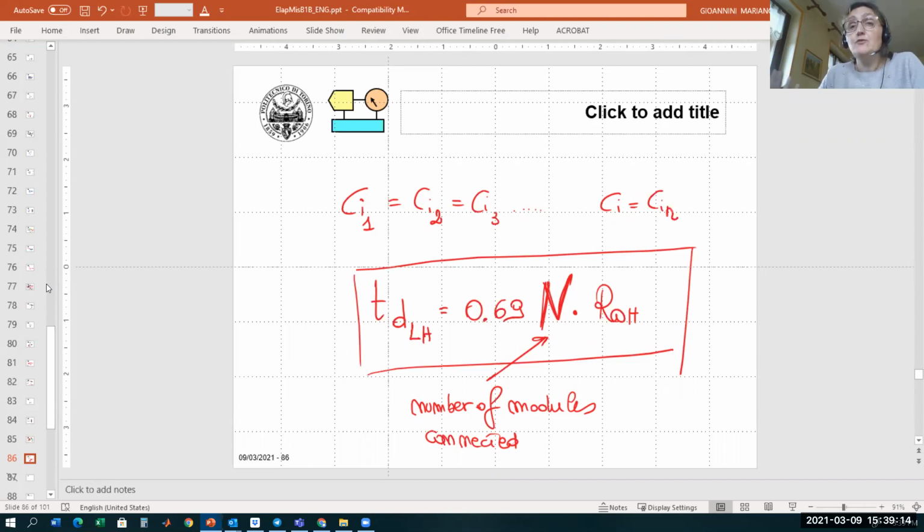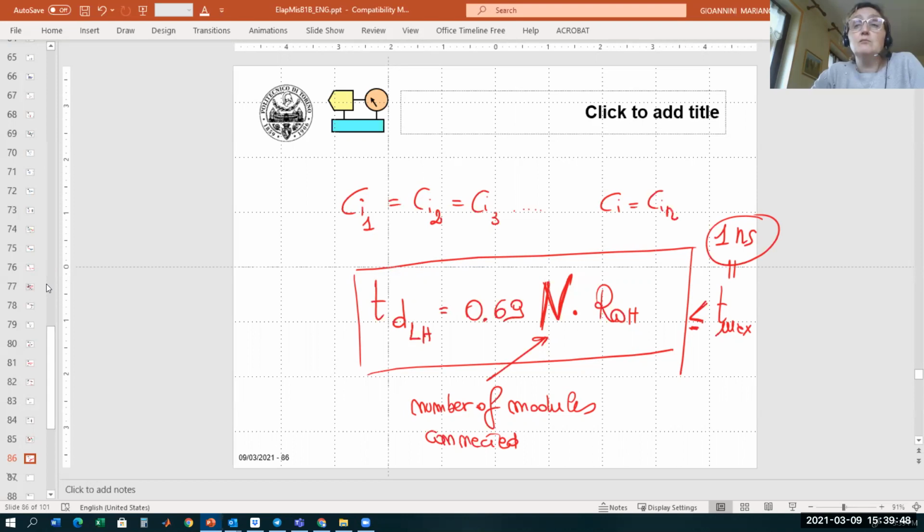Okay? So if for some reason I want this quantity to stay smaller than a T maximum that is given by the specification of my design, let's assume in my design I need for some reason that the maximum delay must stay lower than 1 nanosecond. What do I conclude from here? What's your conclusion?